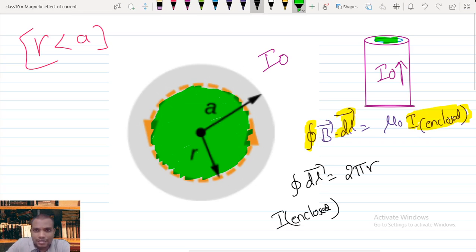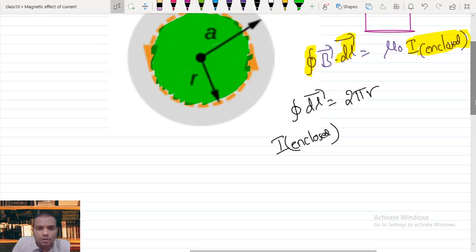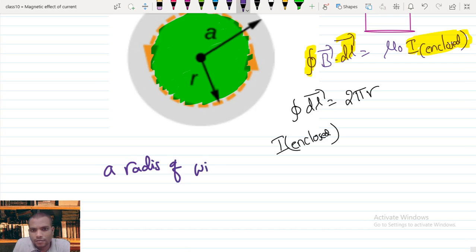Now if you think logically to find current enclosed, so if a is the radius of the wire and I naught is the amount of current flowing, so what is the circumference? 2 pi a.